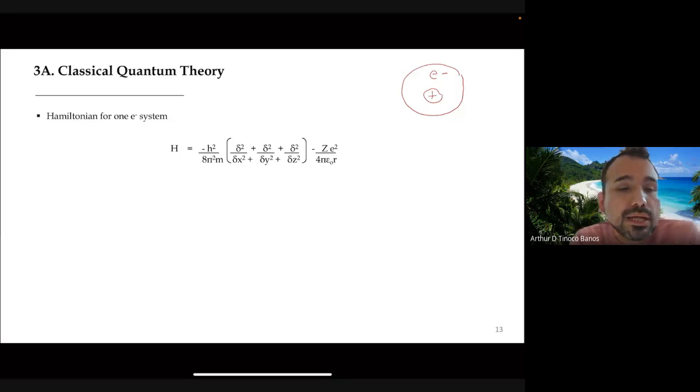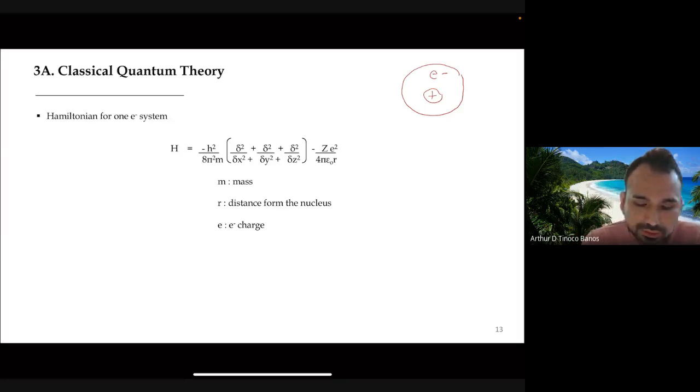So here is the formula for that Hamiltonian, and we break it down into its composition. We have terms that refer to the mass, the distance from the nucleus, and then the electron charge, right? So we're essentially focusing on that probability of the location of the electron with respect to the nucleus.